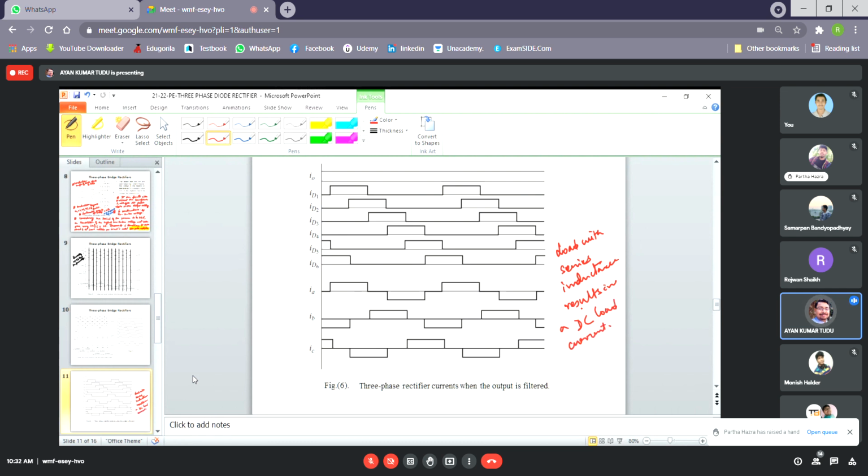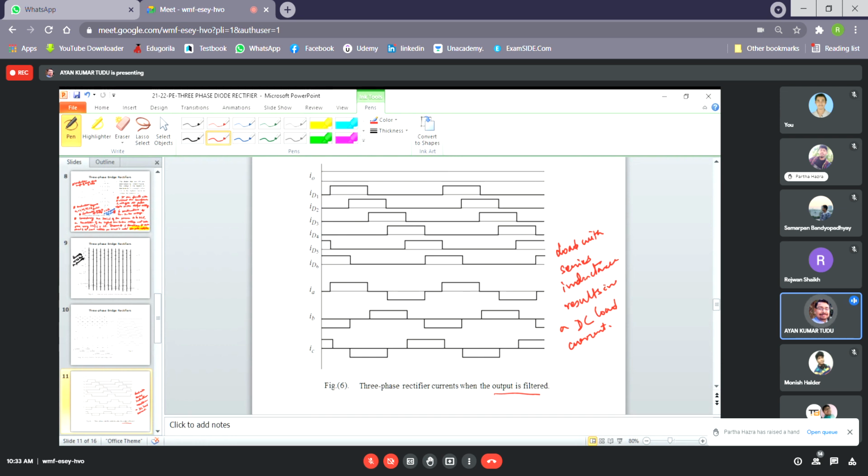For a DC load current, the diode currents and the AC line currents are all filtered, as you can see when the output is filtered, and because of which we are getting something like this. These figures are obtained when the load is in series with an inductance.